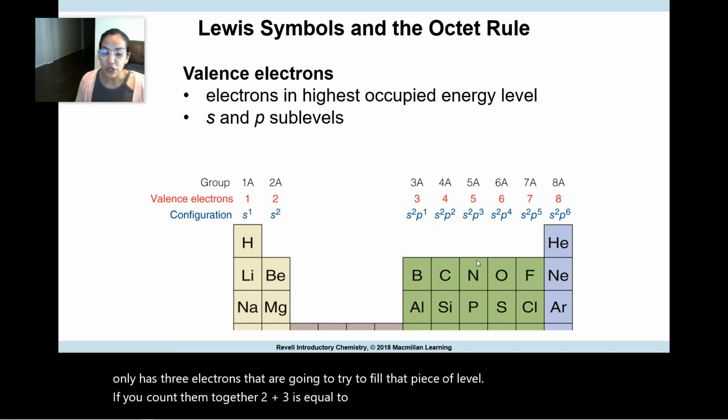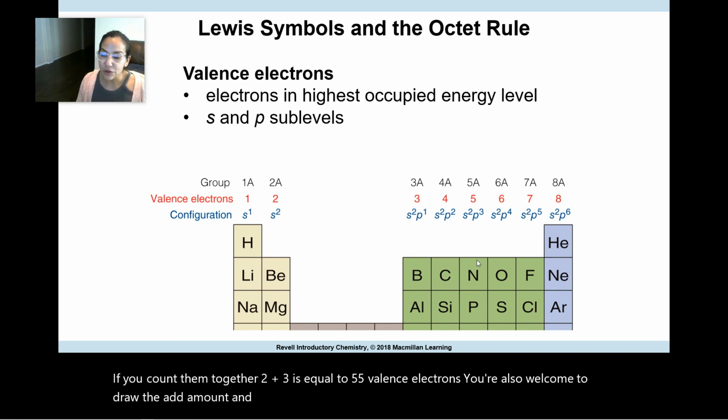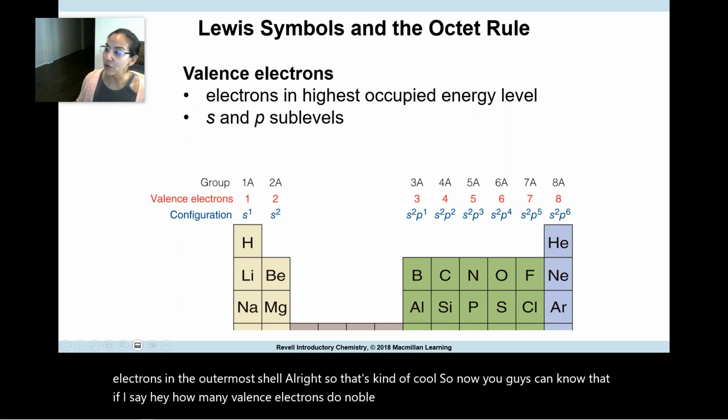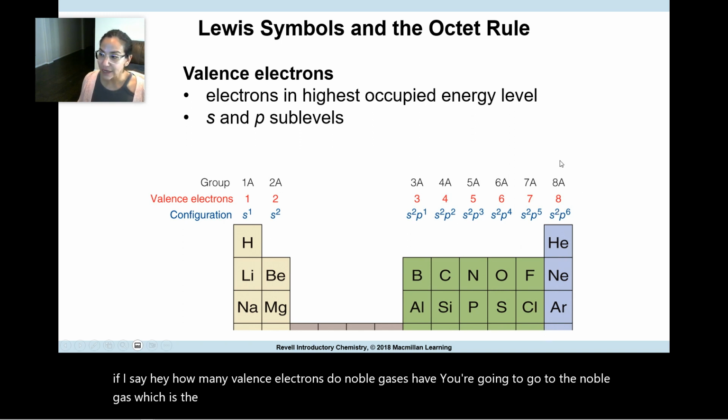5 valence electrons. You're also welcome to draw the atom out. And if you draw the atom out, you will end up with 5 valence electrons in the outermost shell. All right, so that's kind of cool. So now you guys can know that if I say, hey, how many valence electrons do noble gases have? You're going to go to the noble gas, which is the last column, column 8, and you're going to say, oh, it has 8.